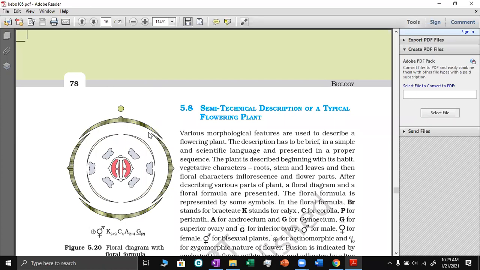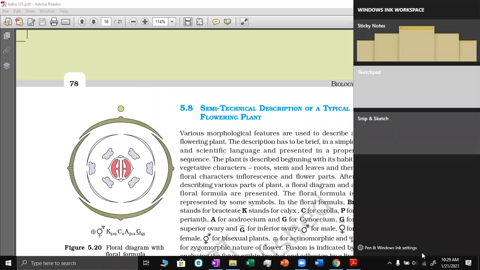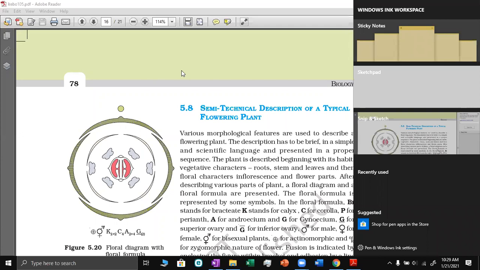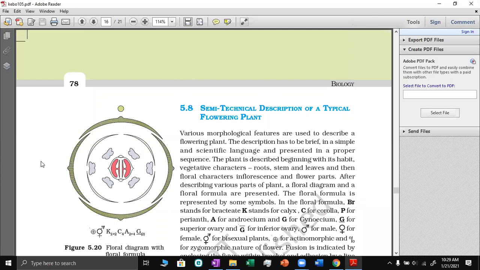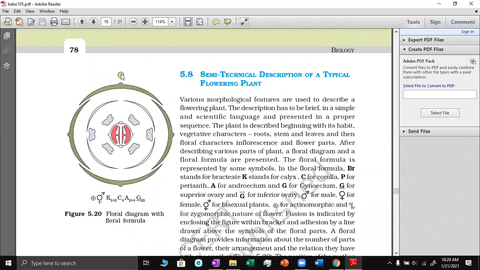This one is the floral diagram of mustard. This one is mother axis.